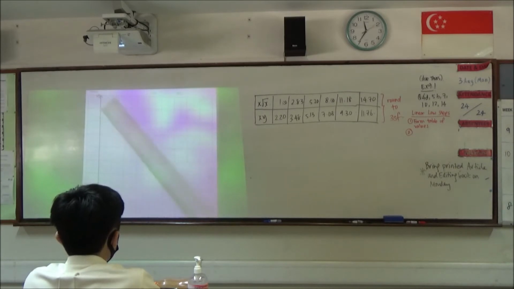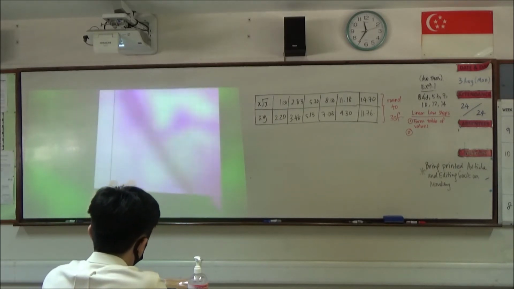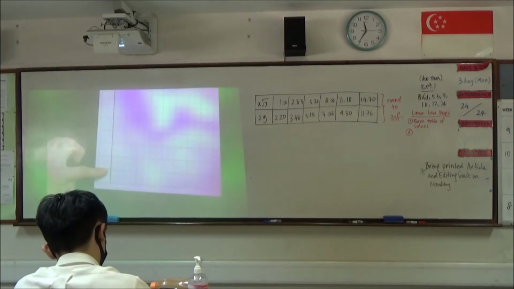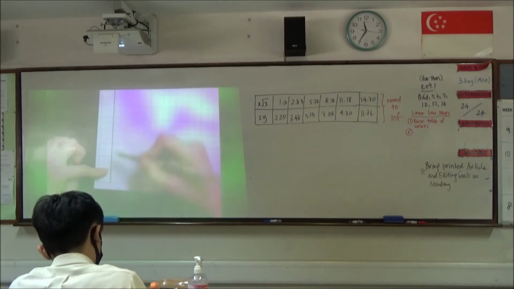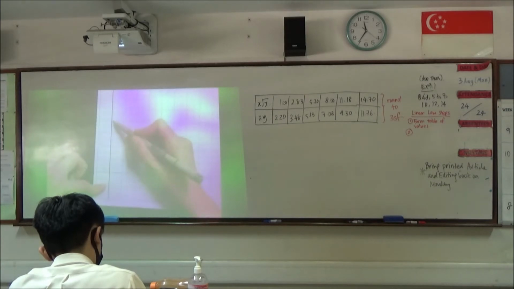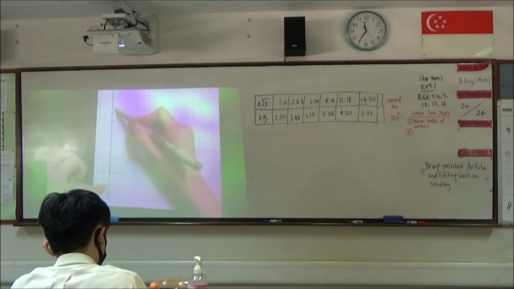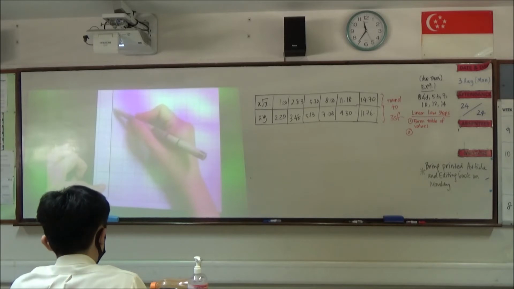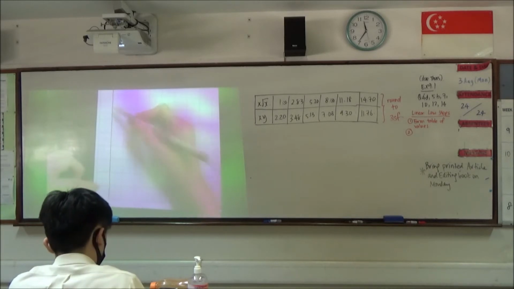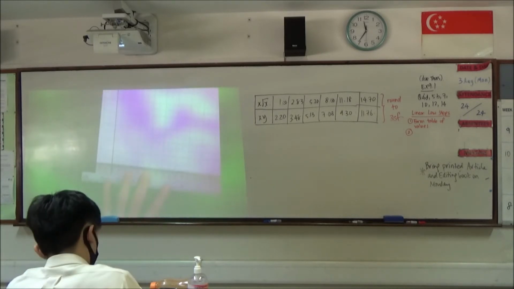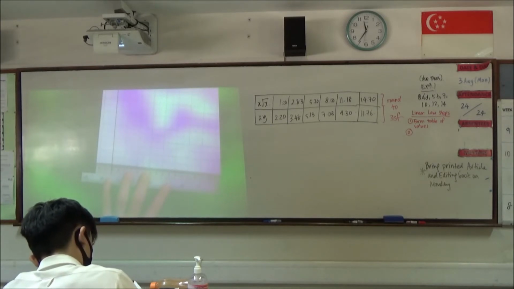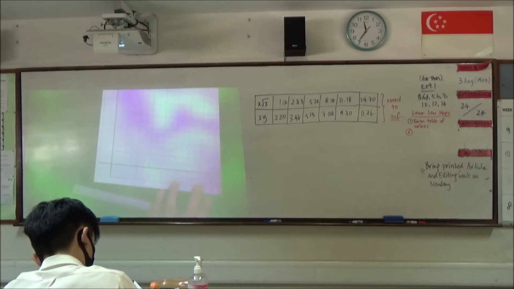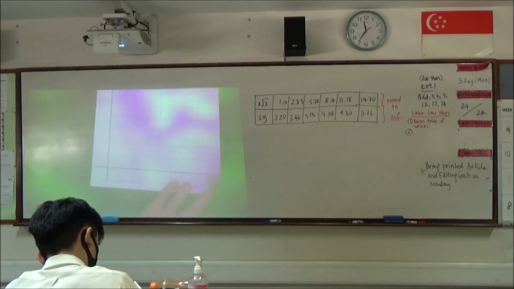So if I choose this line to be where my 0 starts, I count 1, 2, 3, 4, 5, 6, 7, 8, 9, 10, 11, 12. So I'm able to accommodate 12 by here already. So I can actually have my horizontal axis over here, and I label this as x, square root x.